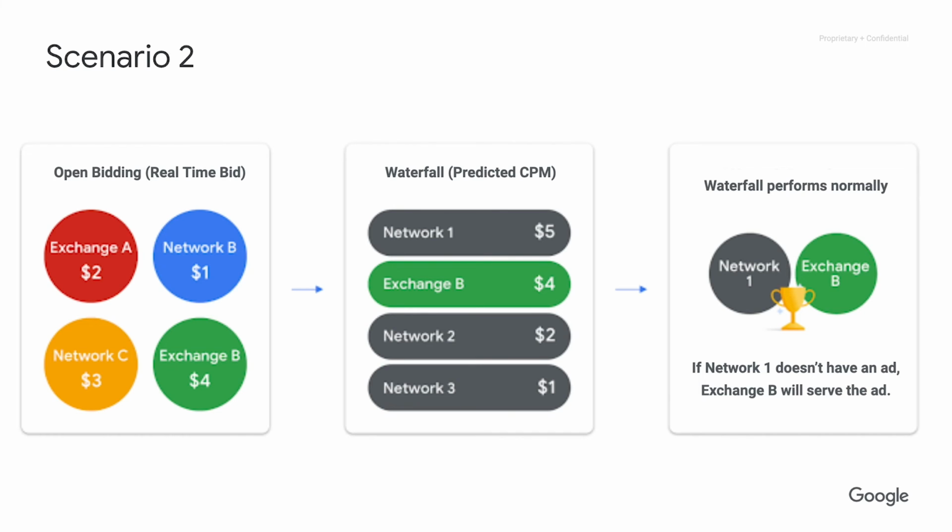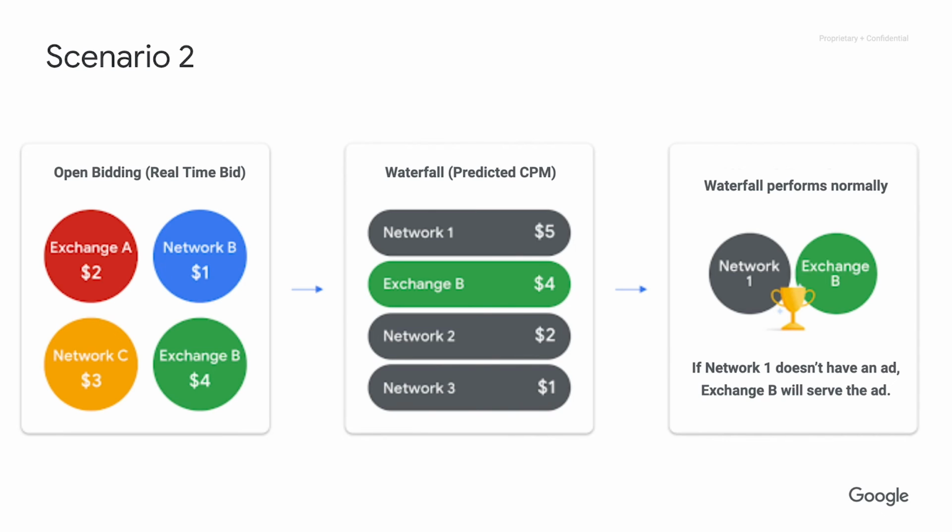So as the normal traditional waterfall runs, we're gonna start with network 1 and see if they fill. If they fill, they will serve the ads. Note that we don't know whether that's gonna be $4 or $5 or not. So you need to make sure that the CPM you set in the waterfall is accurate.